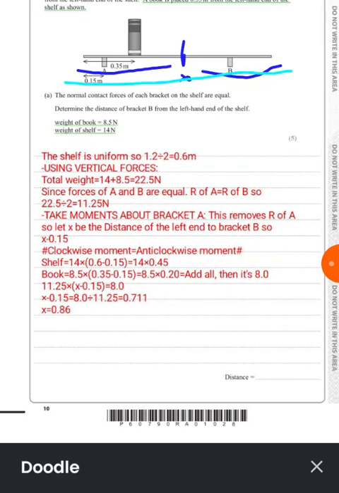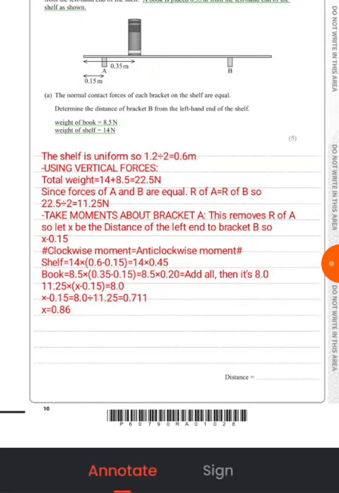But since the shelf is uniform, we divide 1.2 by 2. So alpha to A is 0.6, and from alpha to the ending part which we are going to find, plus B, is 0.6. Now that's the first calculation I have done.